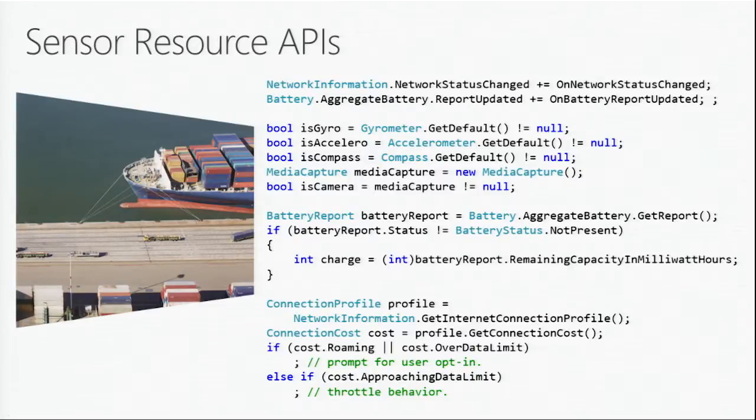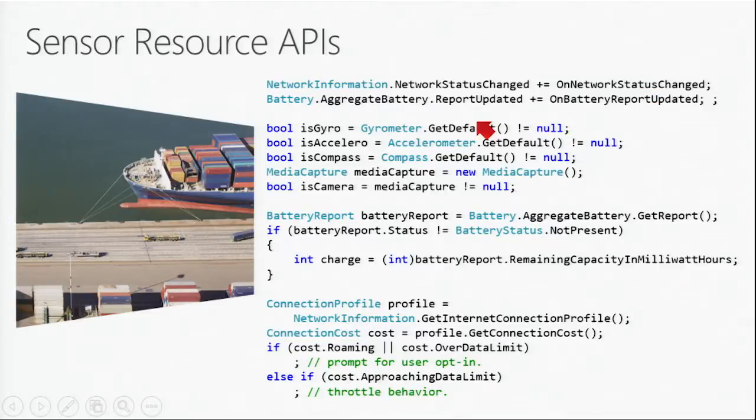So do I actually have any connectivity at all? And if so, what kind of connectivity? What speed have I got? The state of the battery: do I have a battery? If I have a battery, what state of charge is it at? And is it charging or depleting?